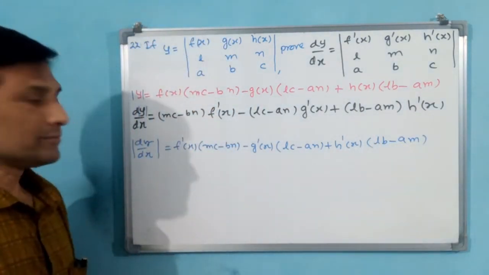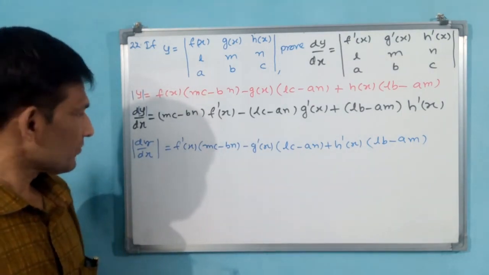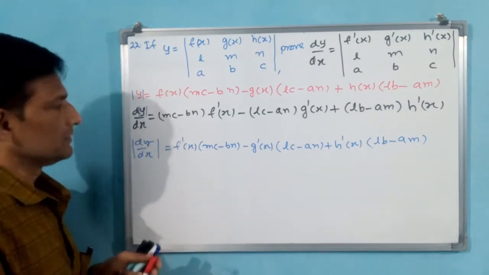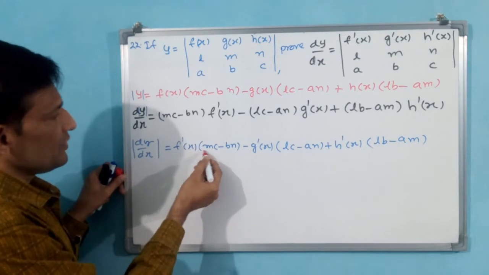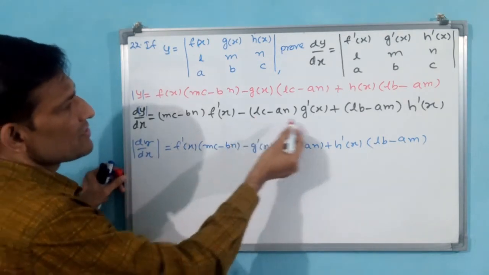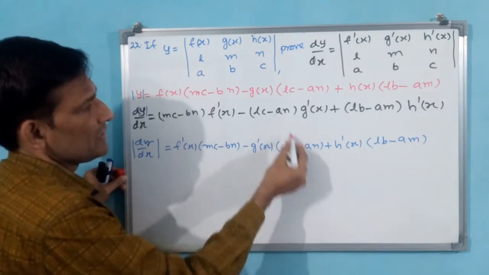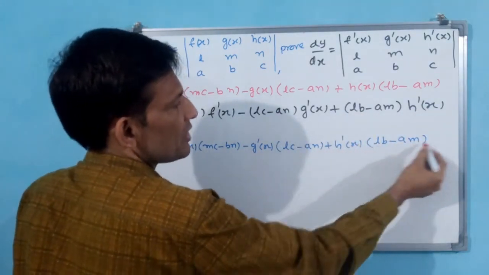Is it okay? Definitely okay. Okay, now you compare both. You see f dash x into MC minus Bn, f dash x into MC minus Bn, minus g dash x into LC minus An, minus g dash x into LC minus An, plus h dash x into LB minus Am, plus h dash x into LB minus Am.